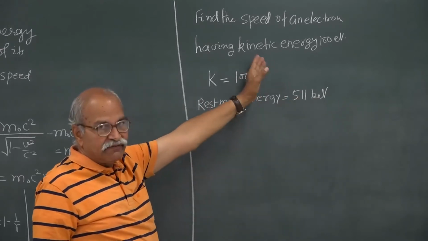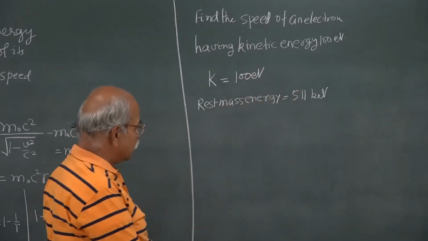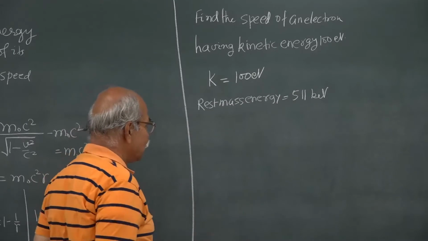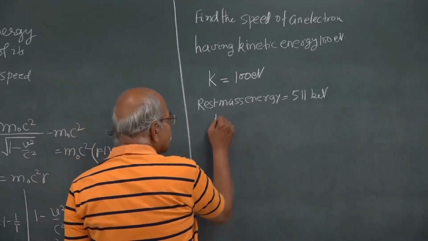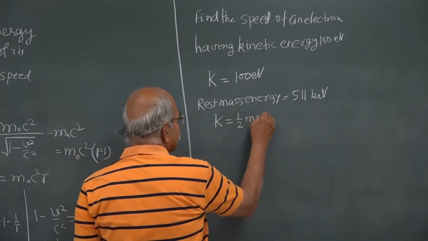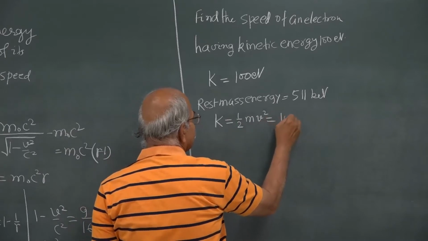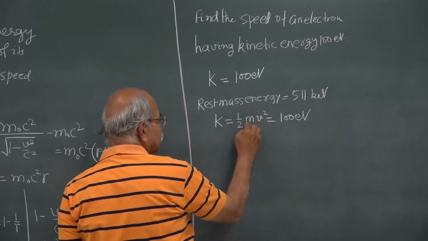So, 1 part in 5000 or so, and therefore, one can use non-relativistic equations unless you are doing some very sophisticated experiment. So, I can use K is half m v square, and that is 100 eV. We have to find this speed.